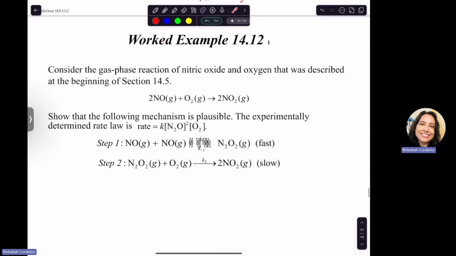Why don't you try it? This should be a back and forth arrow. They have a hot mess over here. So this one is going to be back and forth, and it's fast. So it's fast and reversible.